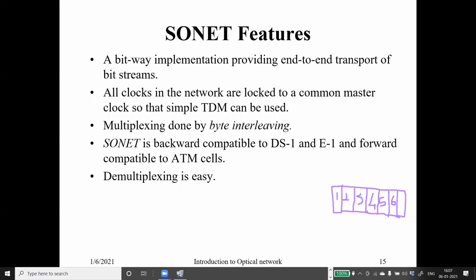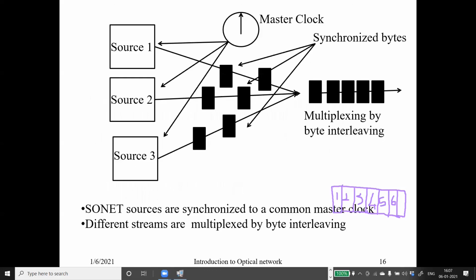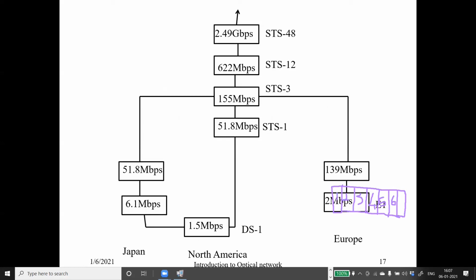That was the advantage of Sonnet, and this is how the Sonnet is working in time division multiplexing with a master clock, which is synchronizing the synchronous timed signals from each and multiplexing it so that all are being placed, your frames are being sent synchronously.